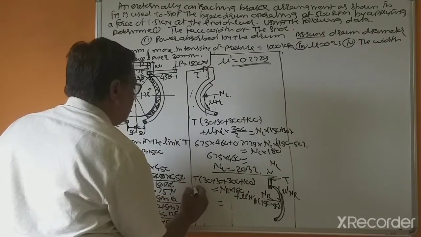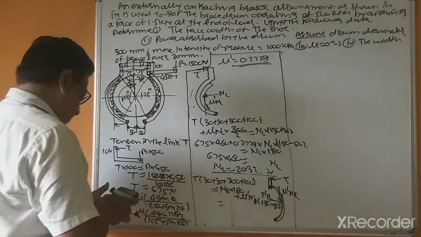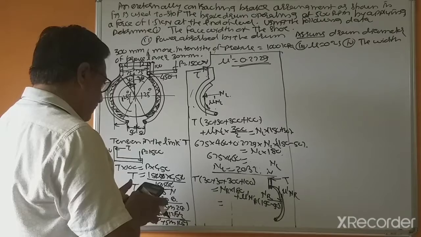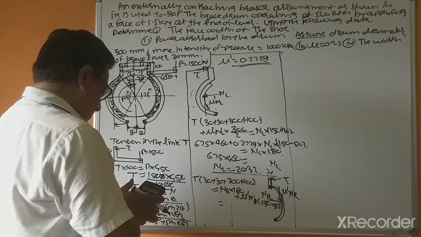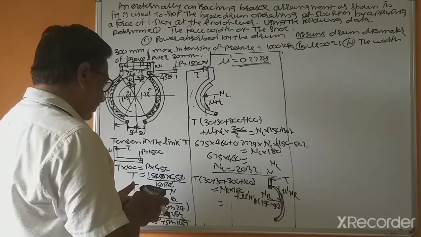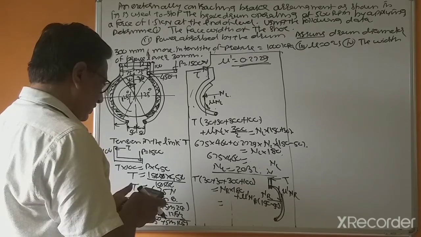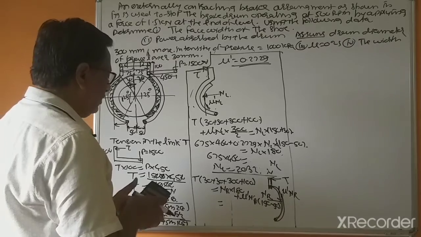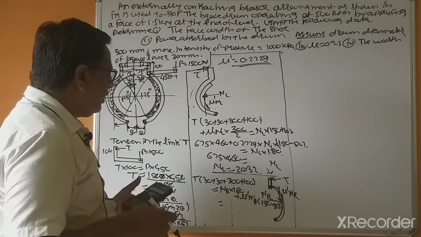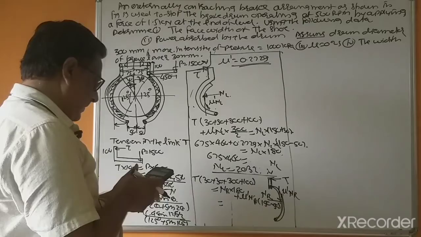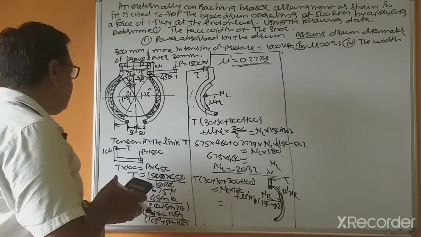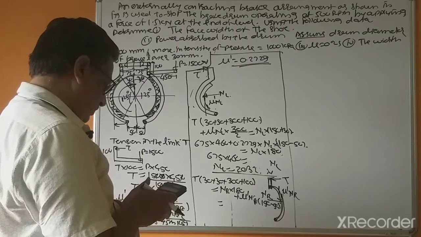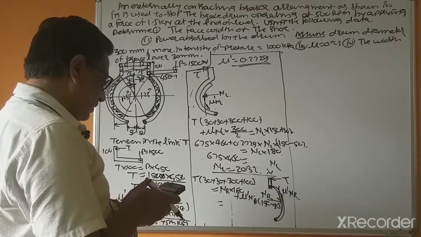Because this is 675 multiplied by 460 divided by 180 plus 27.29 equal to.